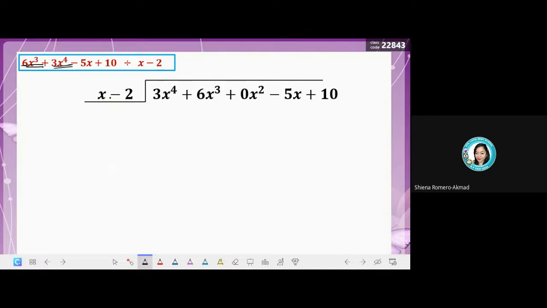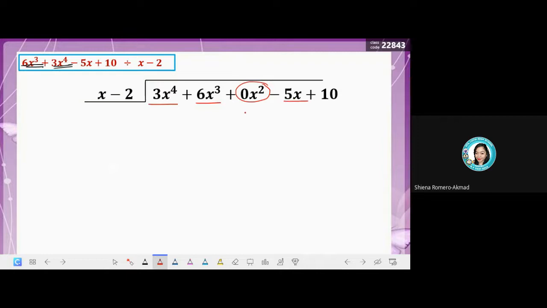Pag naka-arrange po kasi, mas madali siyang isolve. At makikita mo rin yung nawawalang term. Tulad nito. Nung in-arrange natin siya, we have 3x raised to 4, plus we have 6x cubed. Then, nalaman natin na wala palang term na merong x squared.